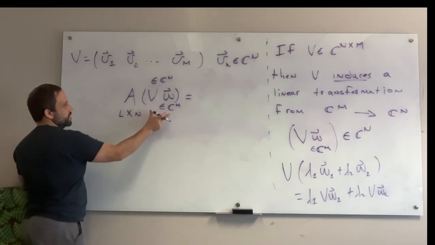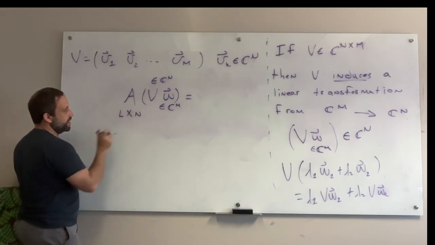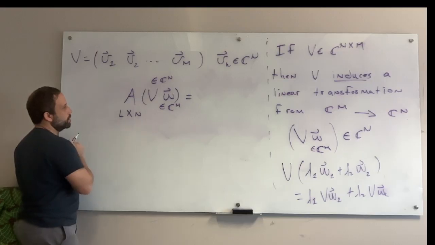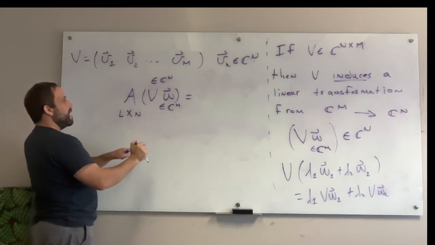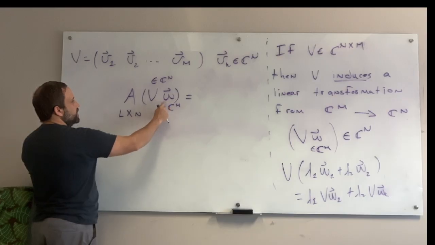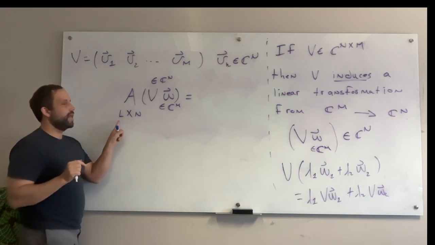If this is an n-dimensional vector, for this matrix vector product to make sense, then A needs to be an L by n matrix. The n here is fixed, but L can be any integer that we want it to be. Okay, so now what we have here is W is in Cm, V sends it to a vector in Cn, and then A sends it to a vector in CL.